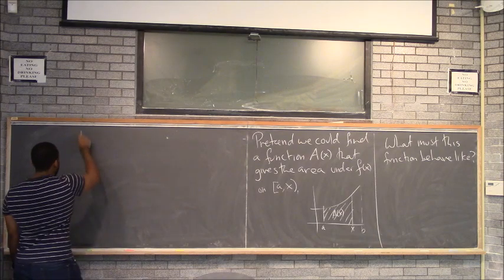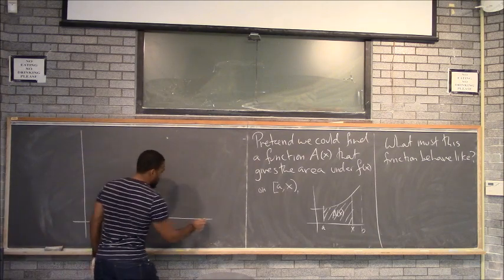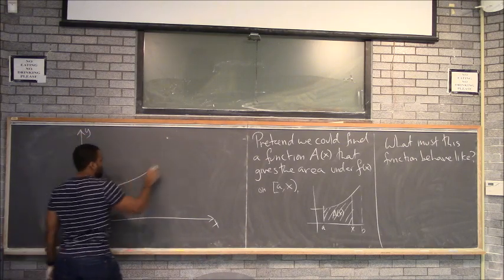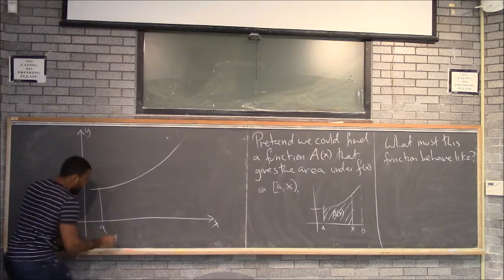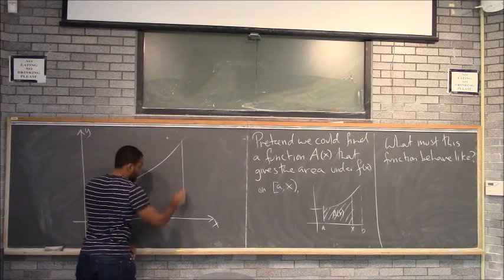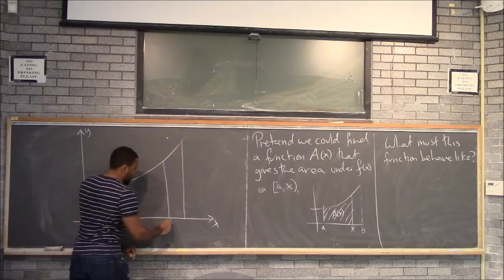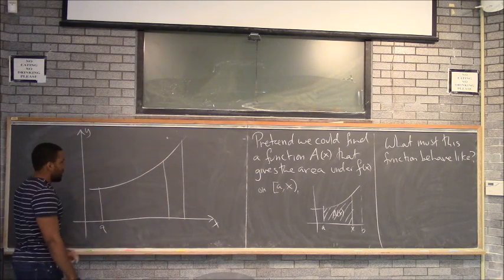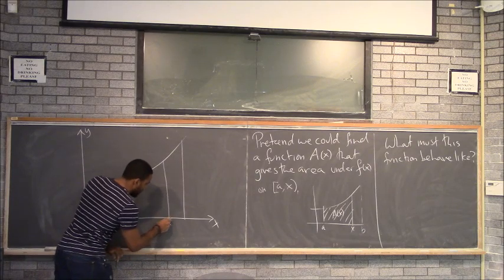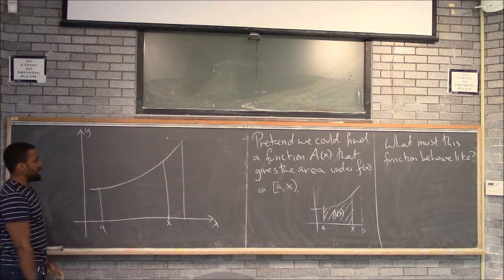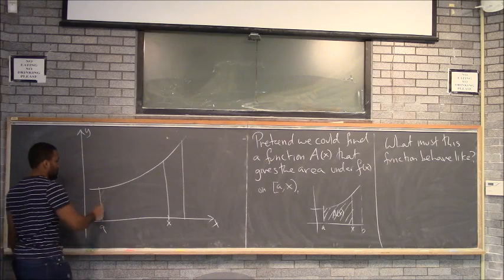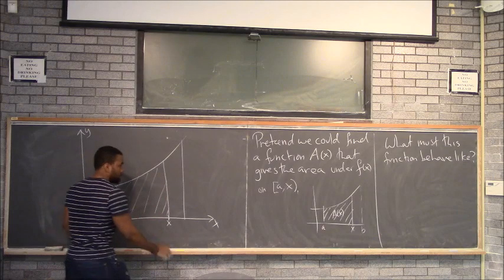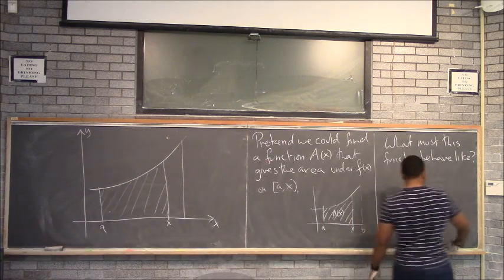Let me draw this a little bigger so you guys can see the ideas that I'm talking about here. So here's what I'm going to do. I hit some point x where I know I can measure the area under that function. Right, so the area here is given by A of x.